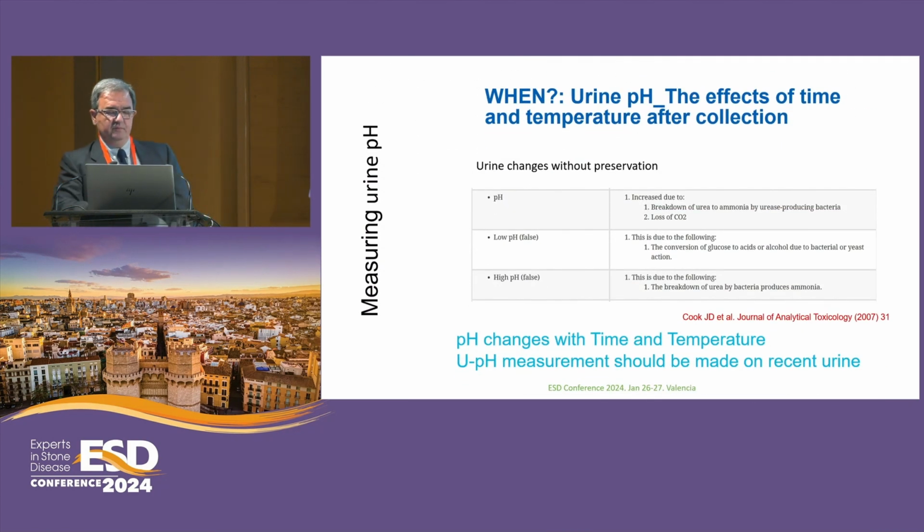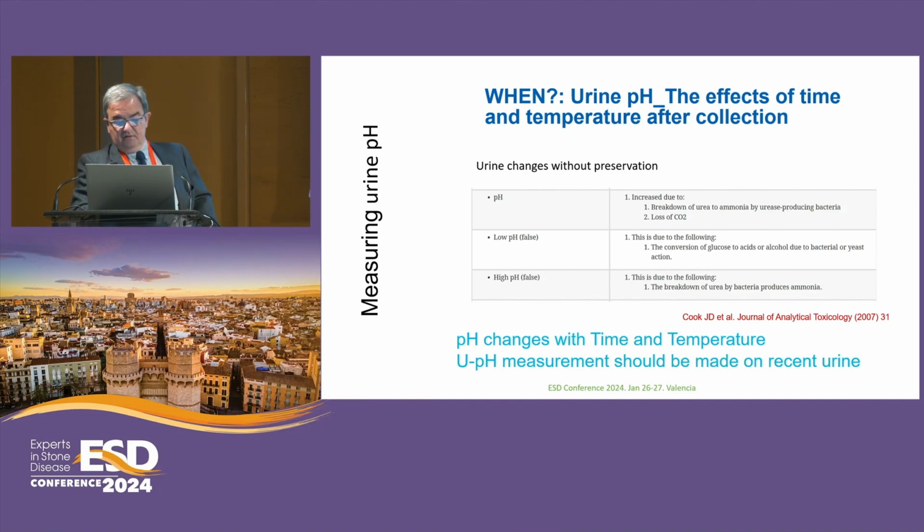Okay, when should we measure urine pH? Most of the publications are about pH measuring in 24-hour samples. There is quite a debate on that, because time and temperature will affect the urine pH.